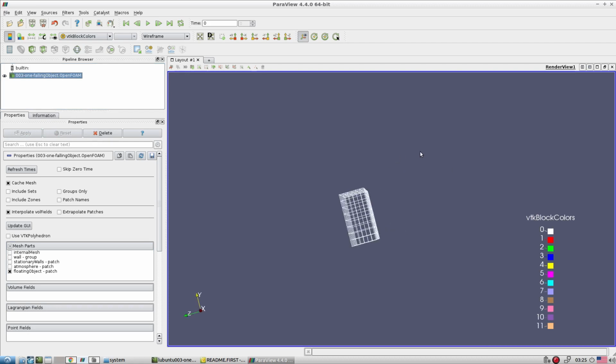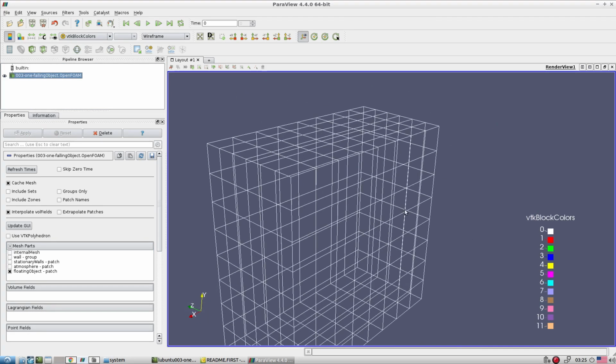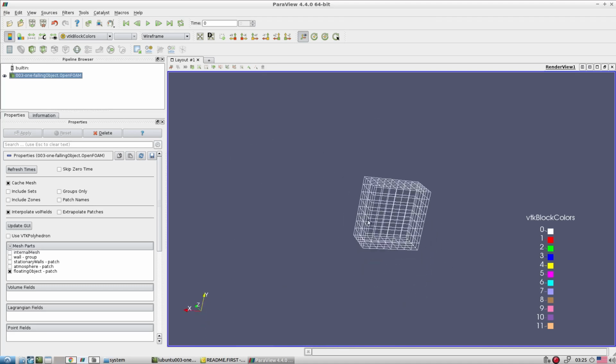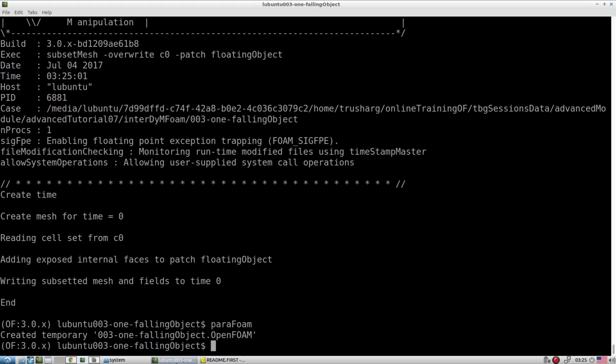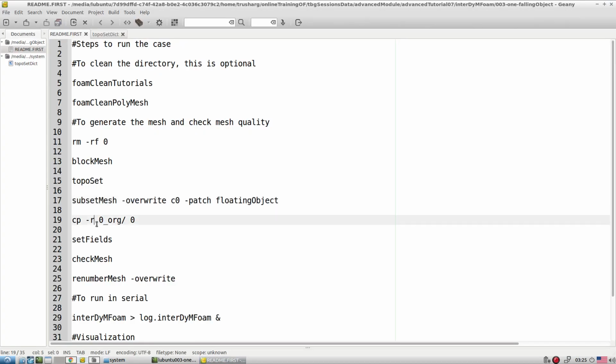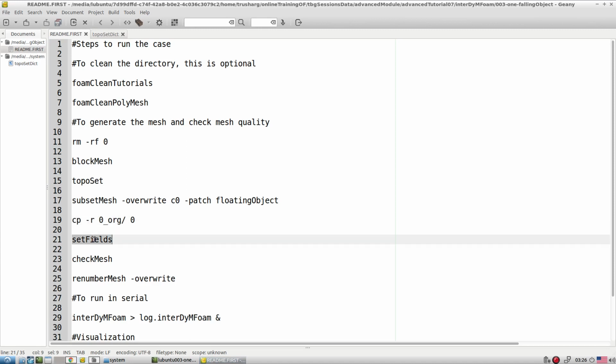So this is the floating object wall, and for that we are going to specify the particular motions, and with that motion it tries to fall on the liquid surface. So that is the idea. Let me quickly set our set field.